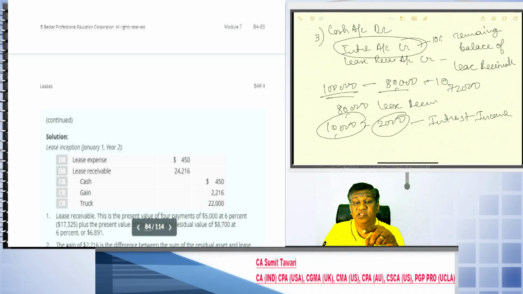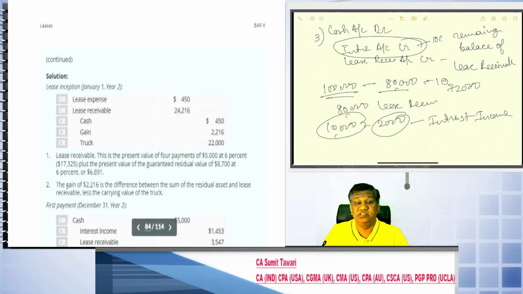Whatever the carrying value of the asset, we need to reduce it from the asset side, and whatever the difference is, we recognize as a gain. The lease receivable is the present value of the four payments of 5,000 at 6%, which is 17,325, plus the present value of the residual value at 6% at the year end.